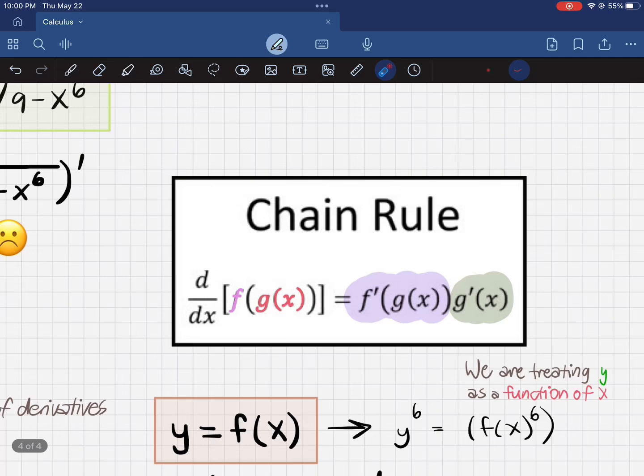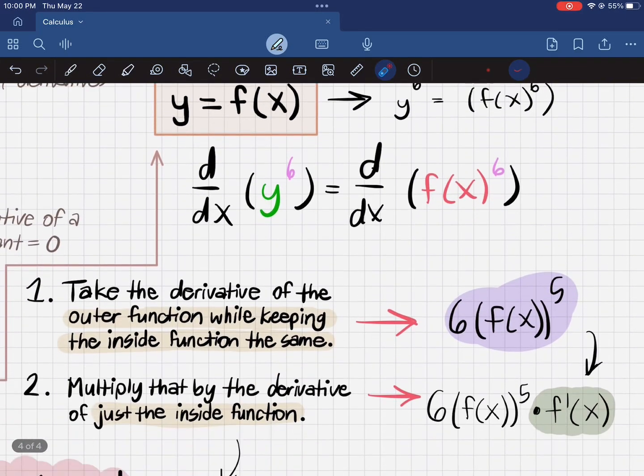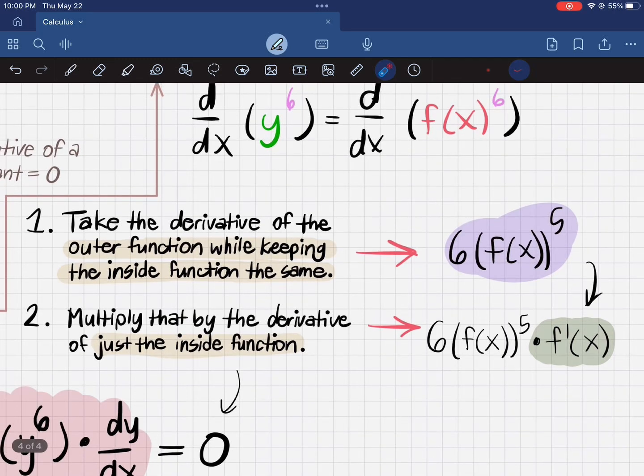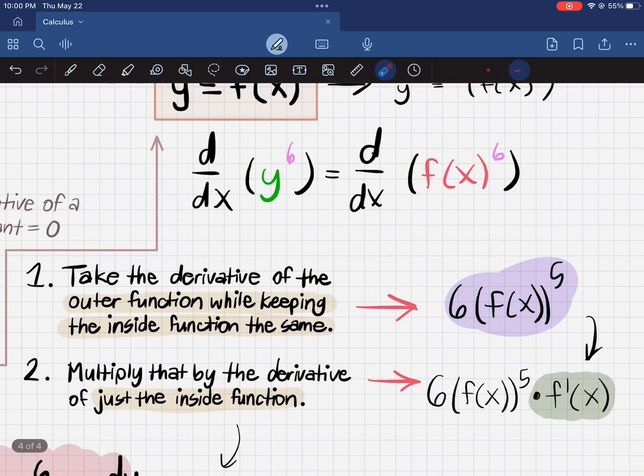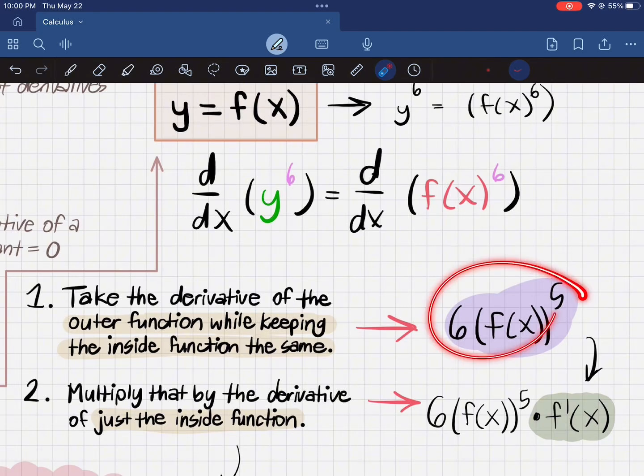Remember, when using the chain rule, we are dealing with composite functions or functions inside other functions. So first, we take the derivative of the outer function while keeping the inside function the same. In this case, we will use the power rule like normal, bringing the exponent down, and we get this.